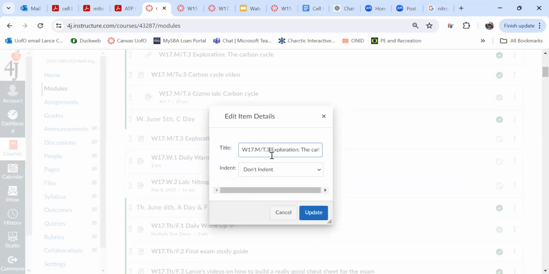This is Wednesday. Week 17, Wednesday. Nitrogen cycle. Picture? Graph?